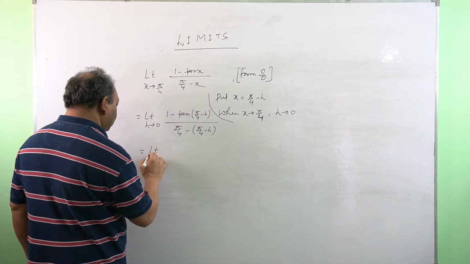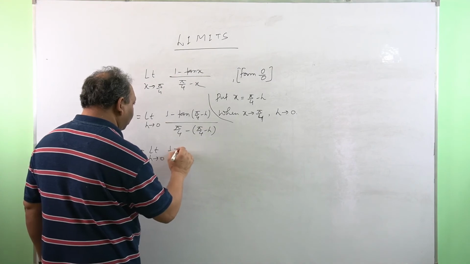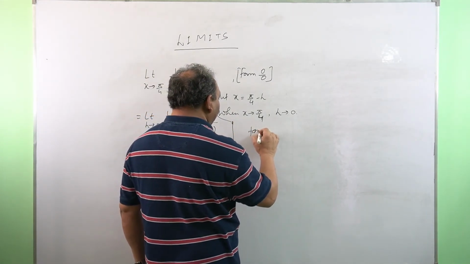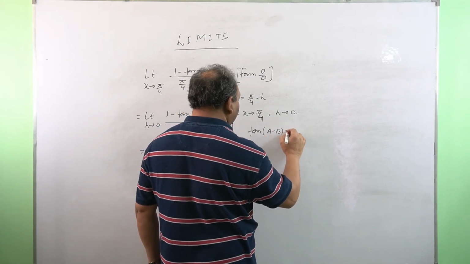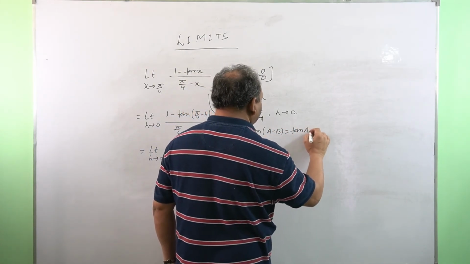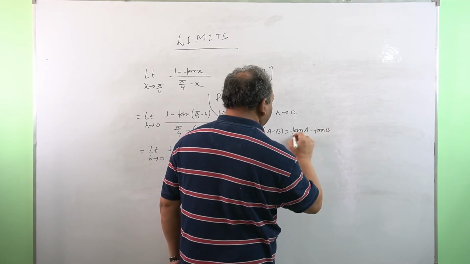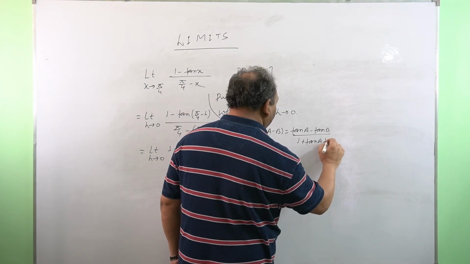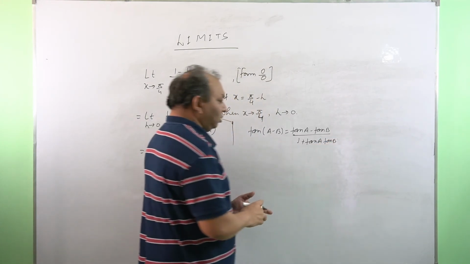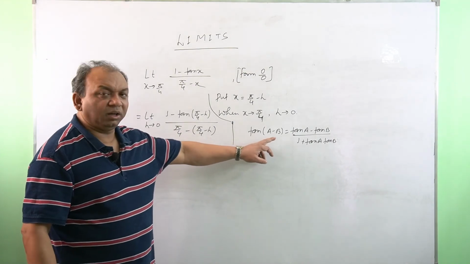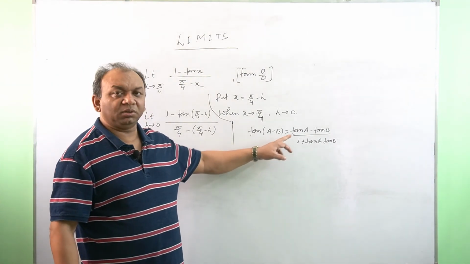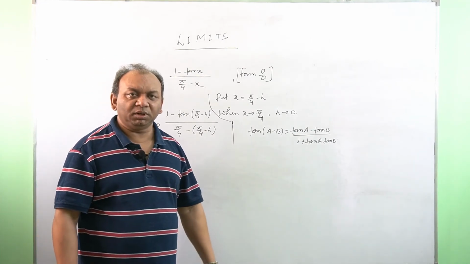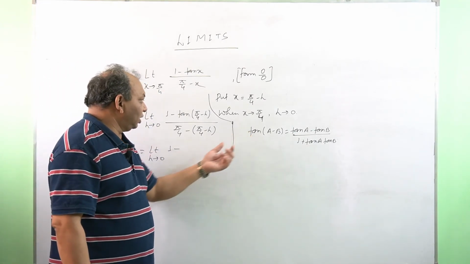So limit h tends to 0, 1 minus... And we know another formula, tan (a minus b) is equal to (tan a minus tan b) divided by (1 plus tan a into tan b). This is a very important formula, and we can use it here.